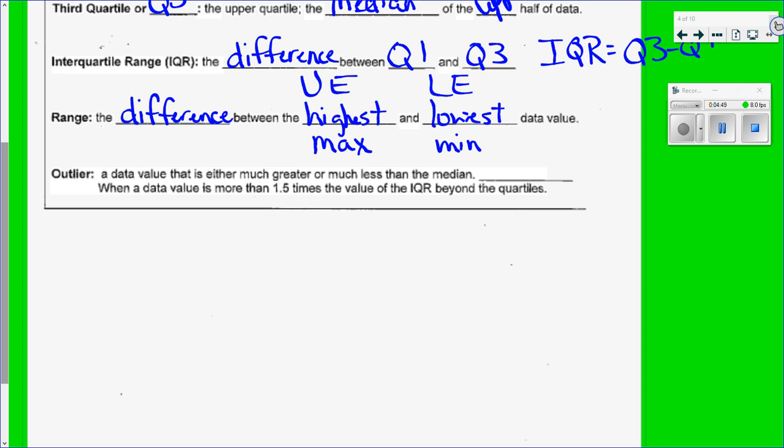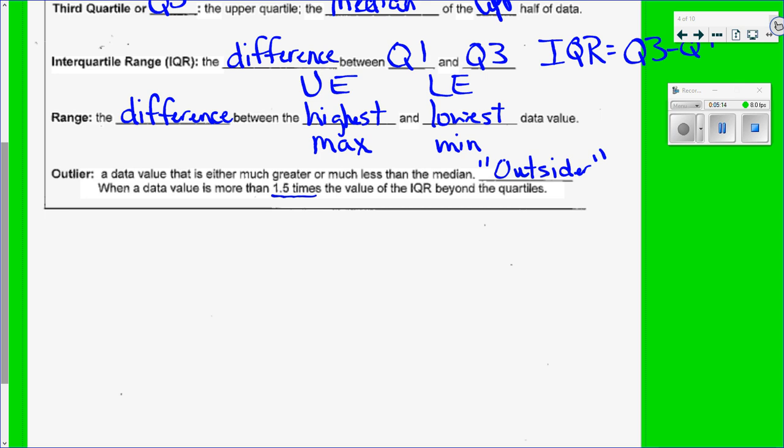So what we do to find an outlier is a data value that is either much greater or much less than the median. It is outside of the interquartile range being multiplied by more than 1.5 times. So the interquartile range is going to help give me my definition for an outlier.